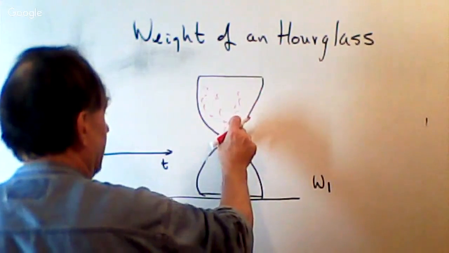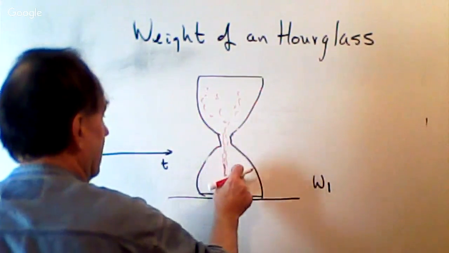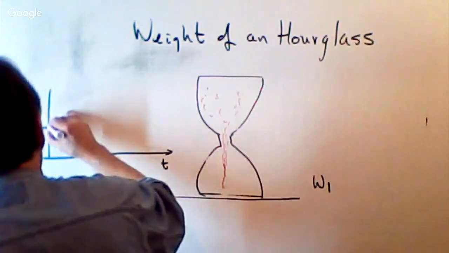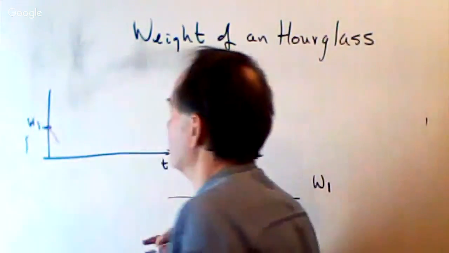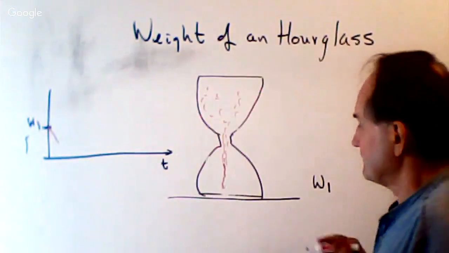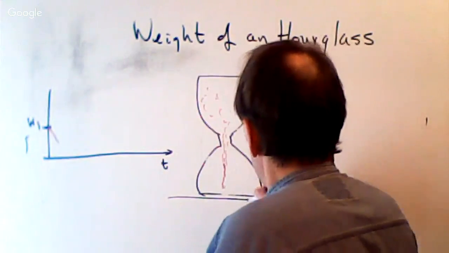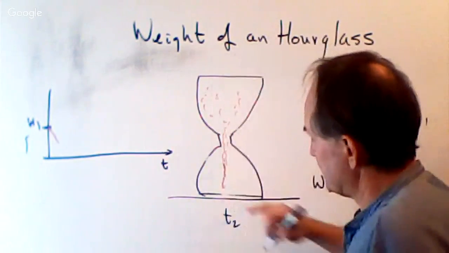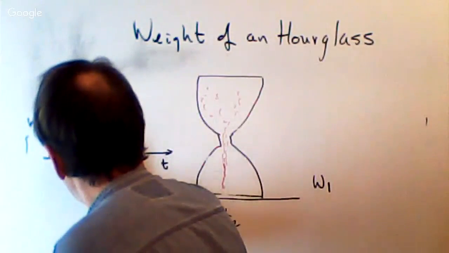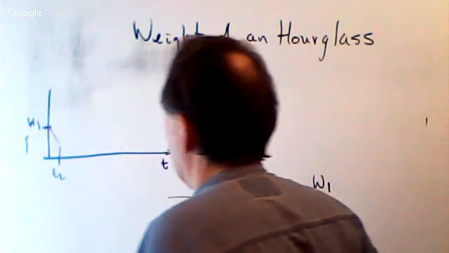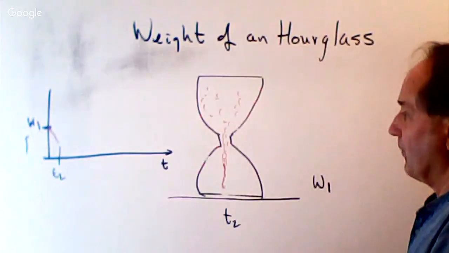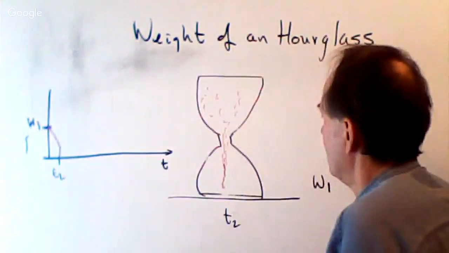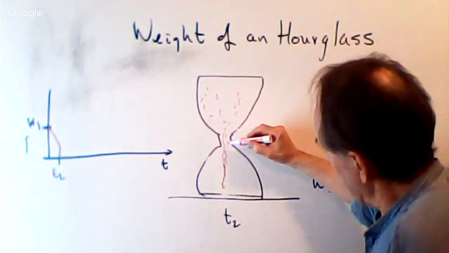The minute we open that up, and as the sand falls down at a constant rate, there'll be a linear decrease in its weight. And let's say at time equals T2, the first grains hit the bottom of the hourglass. So the question is, what happens at this point? Now, there's a couple things you can say.